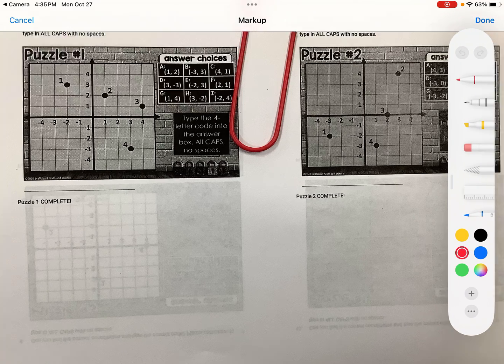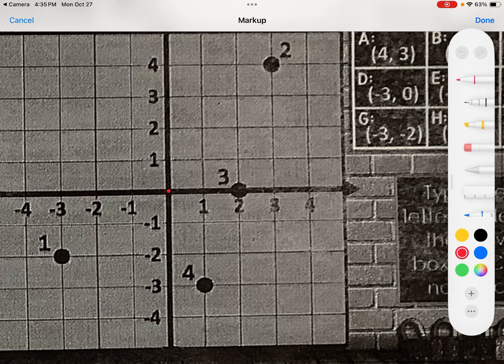I just kind of want to remind you of how to read your points. So you start at the center, and it's going to be 1, 2, and then because I don't go up, it's 0. 1, 2, 3, 1, 2, 3, 4. 1, 2, 3, 1, 2. 1, 1, 2, 3.